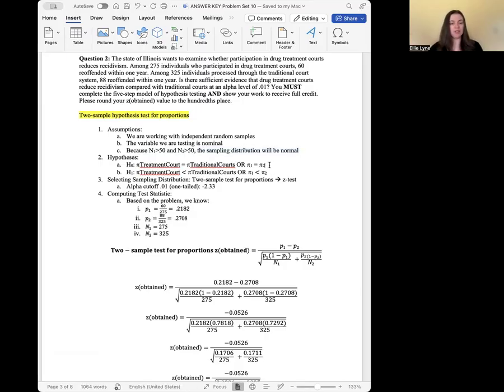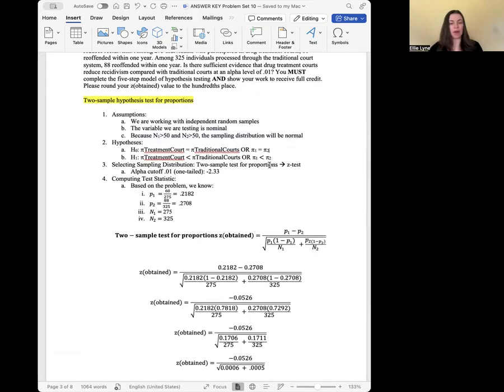Okay, let's move on to step number 2, hypotheses. All right, starting off with our null hypothesis or our statement of no difference. Here, we always have our H0 to designate our null hypothesis in statistical notation. And here you will see that our symbol has changed because now we are working with proportions.